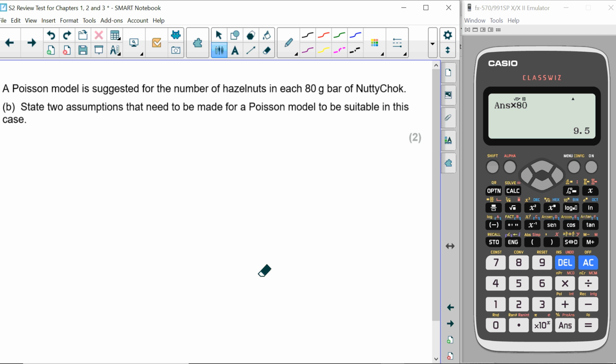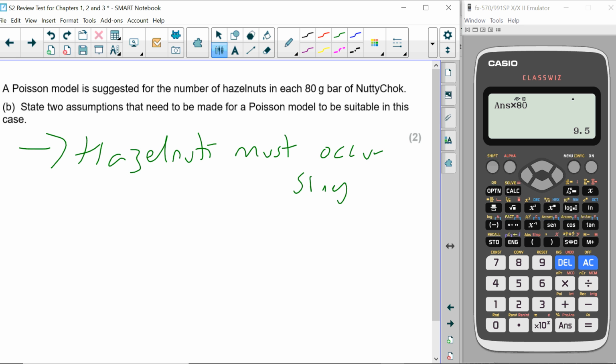First of all, and we need to apply it to the situation, the hazelnuts must occur singly. Alongside them occurring singly, so only one can occur at a time, what also must be the case is that the hazelnuts must be independent of each other.